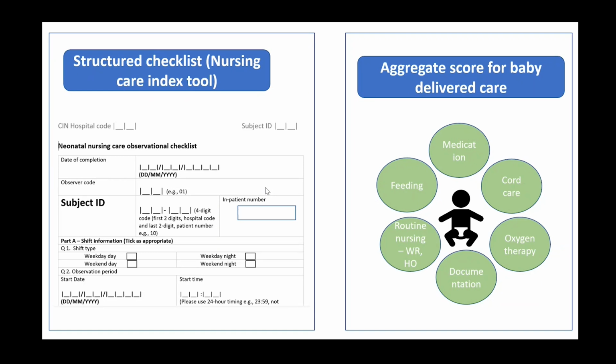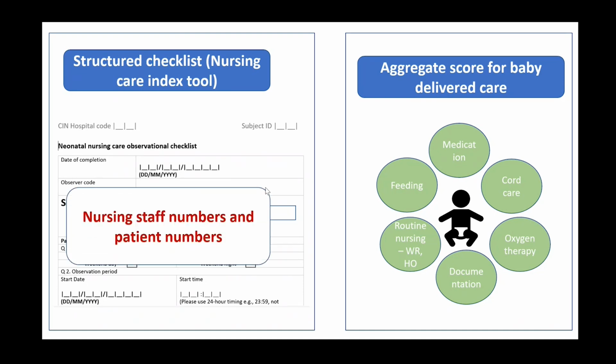In the end, the main measure of quality of care is an aggregate score for each baby, which is observed care divided by the expected care. Part of what we can do with this tool is to say by the bedside how many nurses turned up for the day, and also to assess the patient numbers for the day. So this is the thinking.